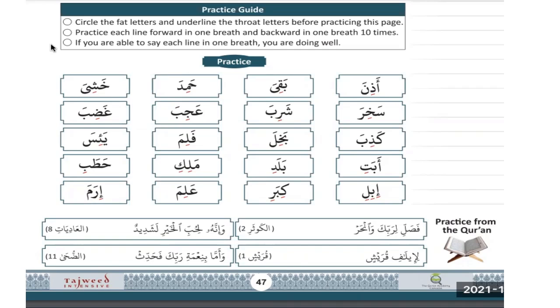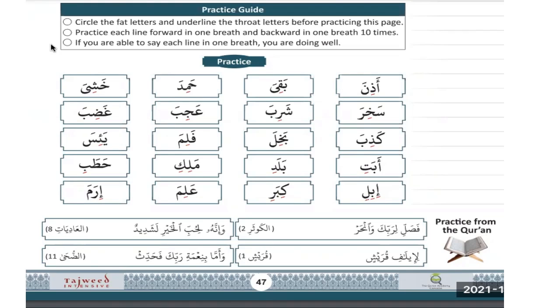So we will focus on the heavy letters, making sure that we are making a heavy sound on kha. Okay. With the next one. Sin fatha sa, kha kasara khi, ra fatha ra. Sakhira. Very good.